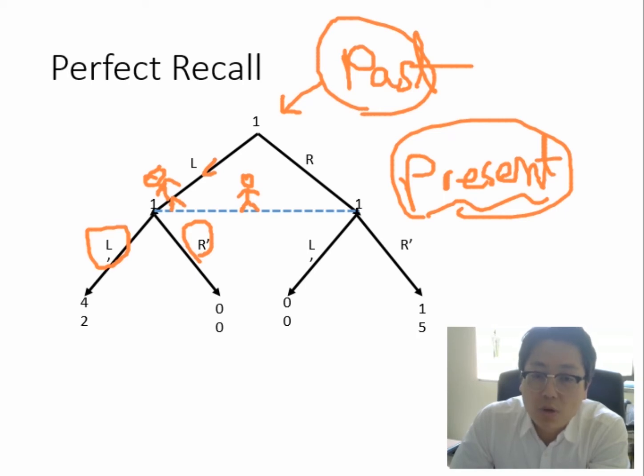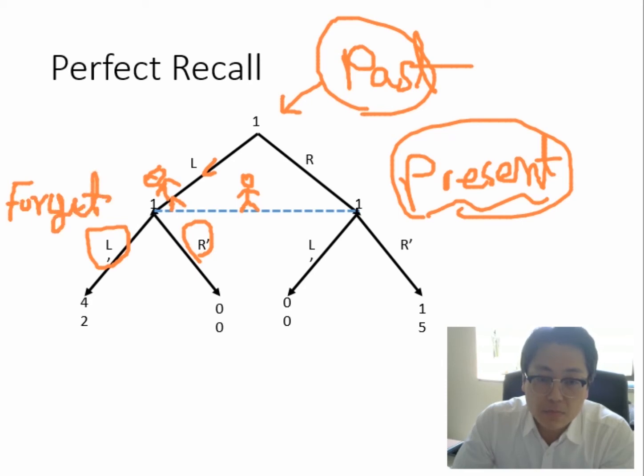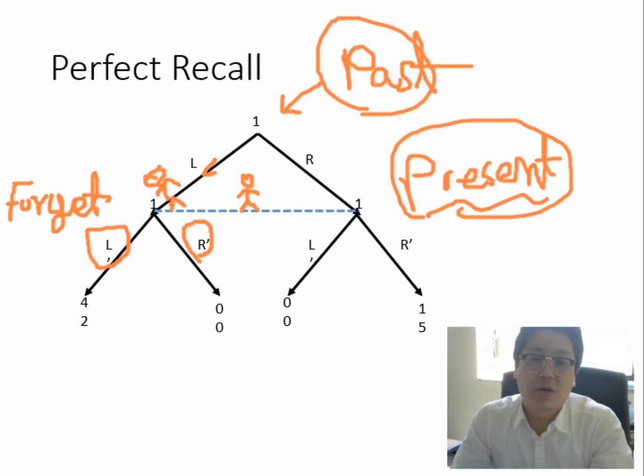But once I'm connecting those two nodes, what I'm arguing is that I chose L before, but I don't know where I'm standing. Or I chose L before, but now I forgot what I chose, so I don't remember where I'm standing. So what it means is that I forgot, if I'm connecting those two lines.